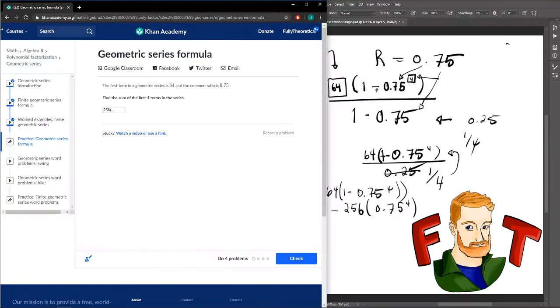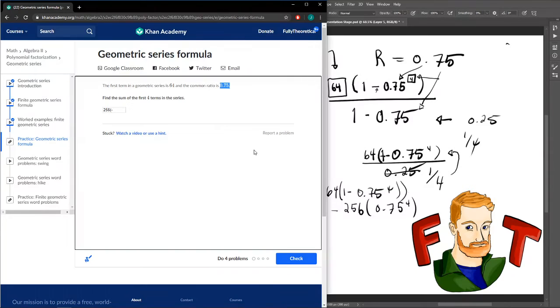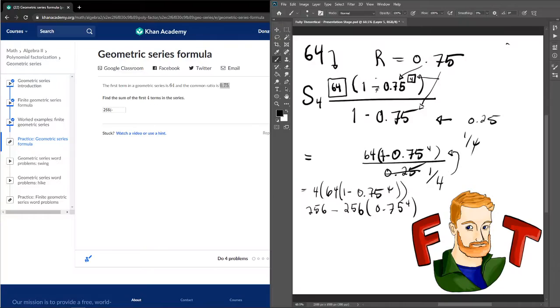You can't even see that. Hold on. Common ratio is positive. So I'm thinking that we're not squaring the negative there. So this is the 1. Yeah, this looks correct right here. So let's try that.